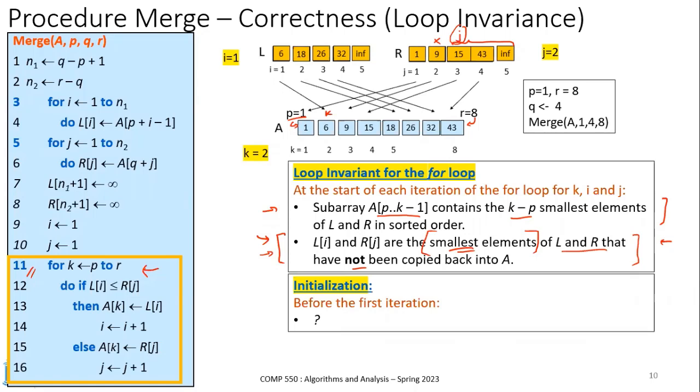You see, we are already given that L and R are already sorted. So that sort of precludes that possibility. It would require a bit more discussion to completely exclude that. But let's go on with this thought that we're going to say that they're the smallest elements and that have not been copied. Let's go ahead with that part.